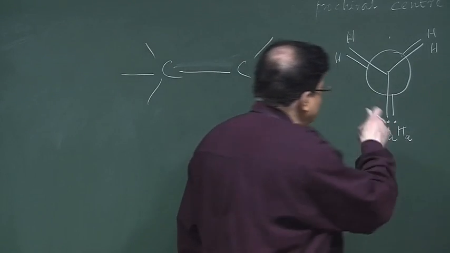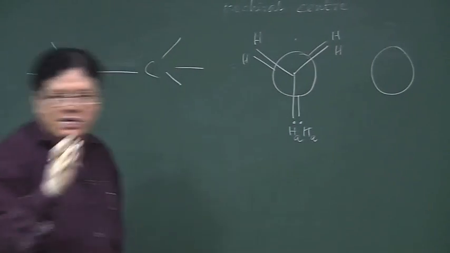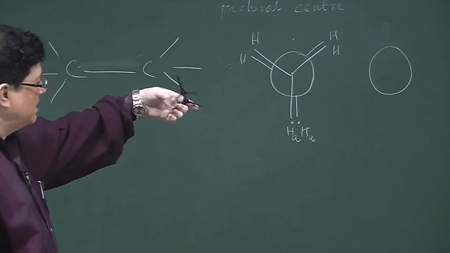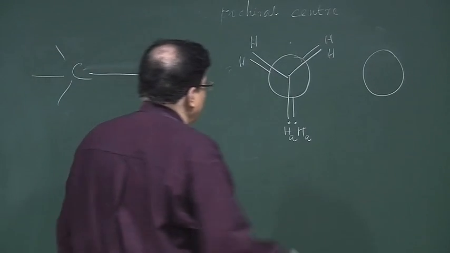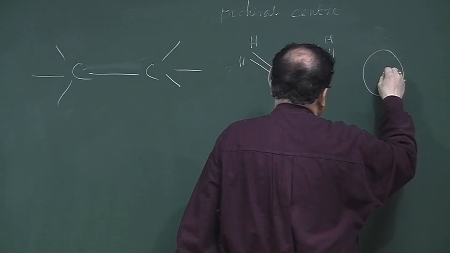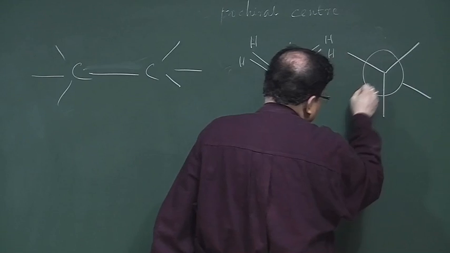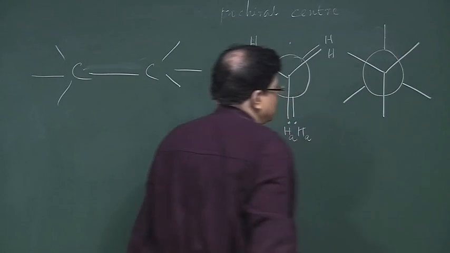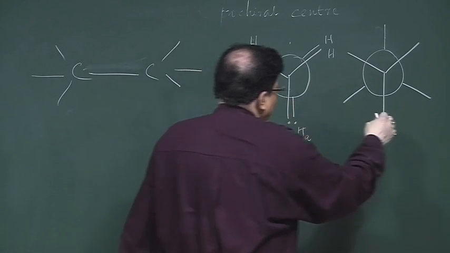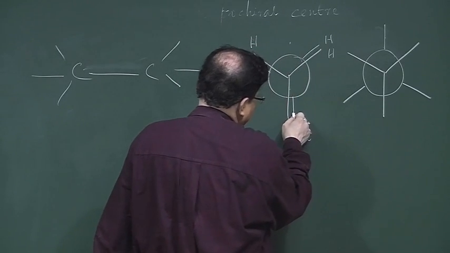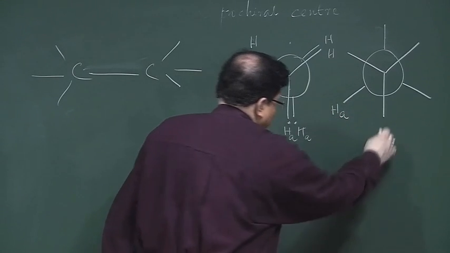And so, we identify two extreme ones. One is where all the bonds are eclipsing each other, and the other one where the bonds are not eclipsing each other, rather these bonds are in between the other bonds. So, earlier this is eclipsing that one. Now, this bond has moved here, suppose this is the HA.